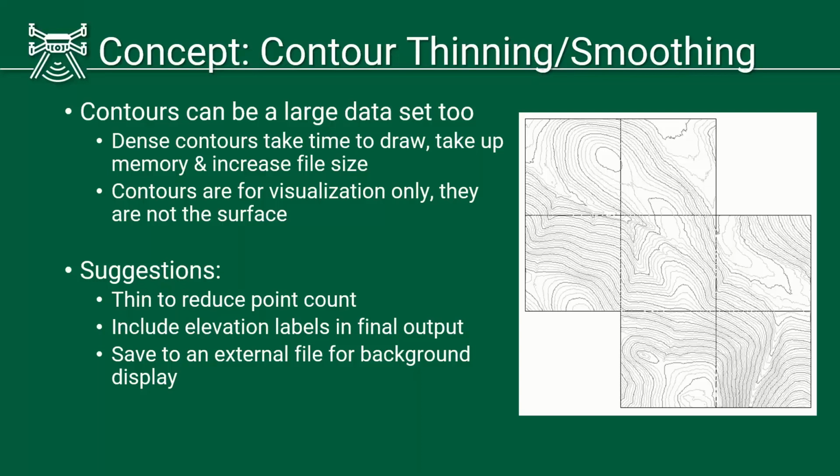We also recommend, if you can, putting those elevation labels at the end for final output. They're not necessarily needed when you're doing your design. And then you can also save contours to an external file for flexible background display. So a few different suggestions to help reduce our point count and not bloat the software.